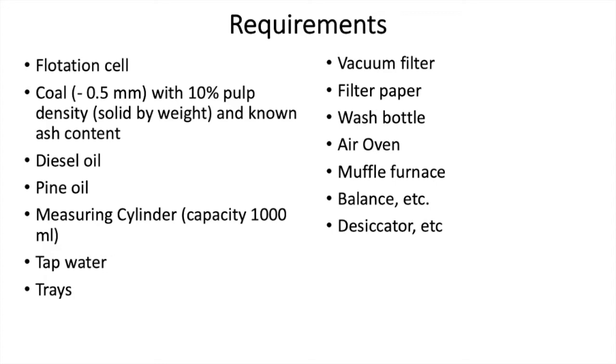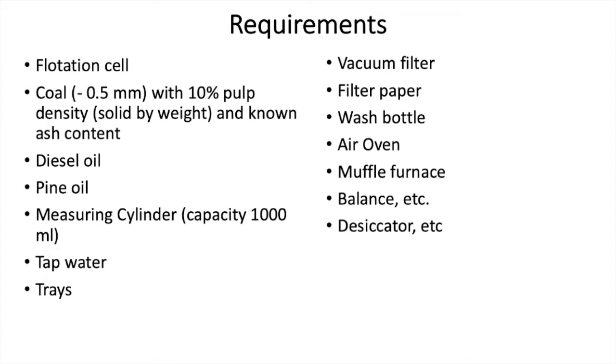Suppose we are preparing 100 grams of slurry, then 90 grams should be water, that is 90%, and 10 grams should be solid, that is coal in this case. So if we are preparing a slurry with, let's say, 300 grams of coal, then we will require 2700 grams of water. 2700 grams will be equal to 2700 ml of water.